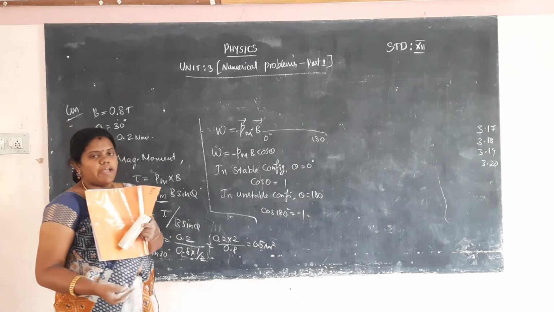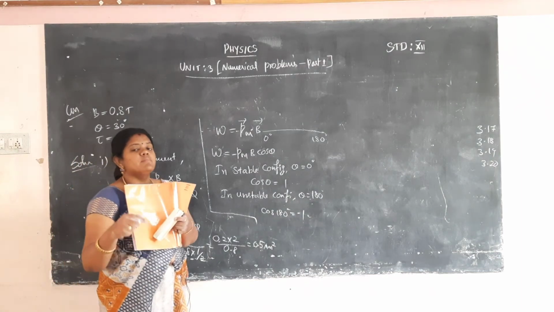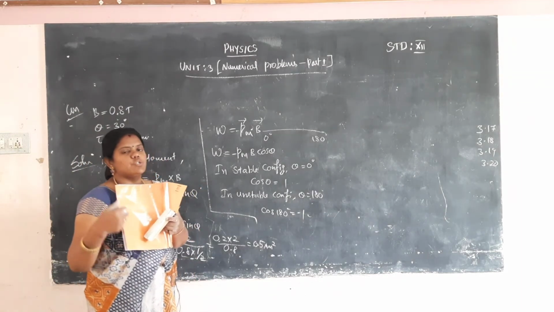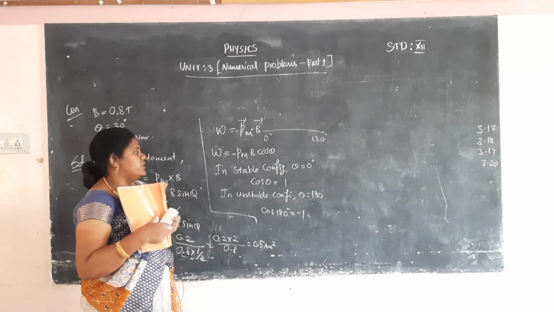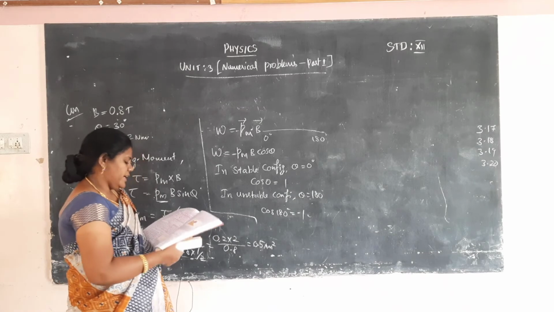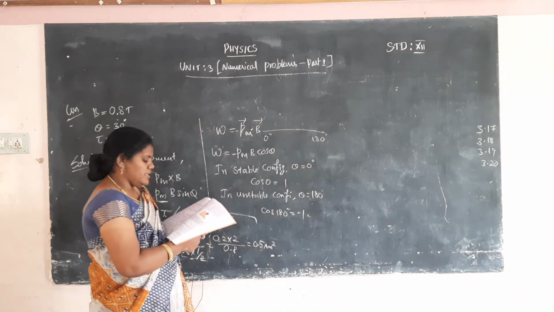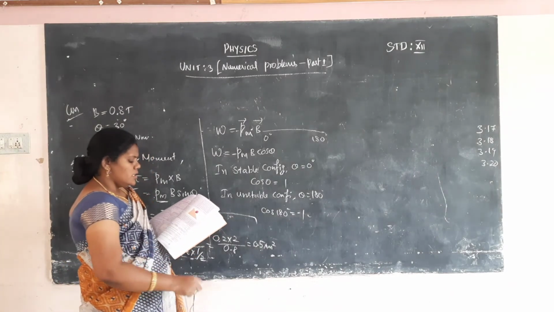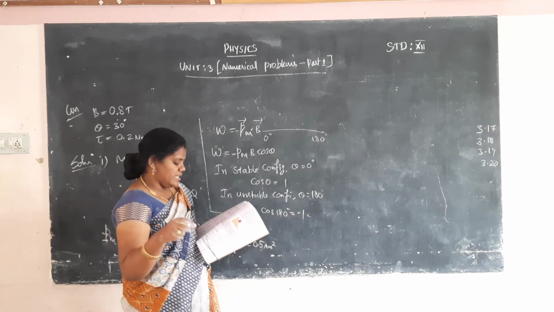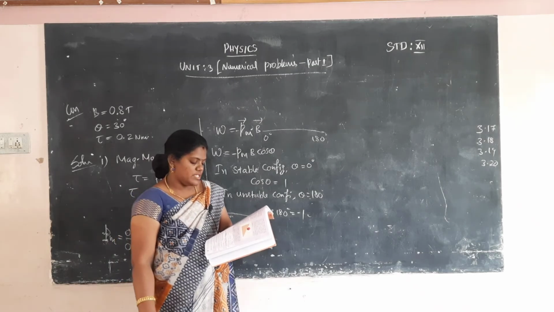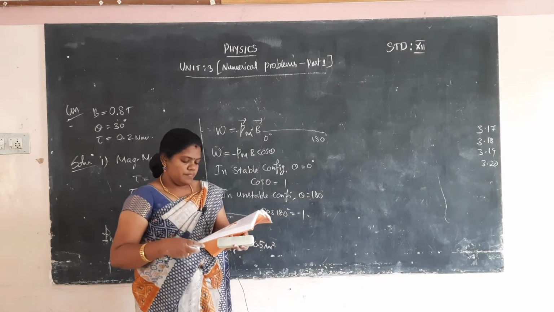Now we want to calculate the work done from the stable configuration to the unstable configuration. So we want to calculate the initial potential energy and the final potential energy.